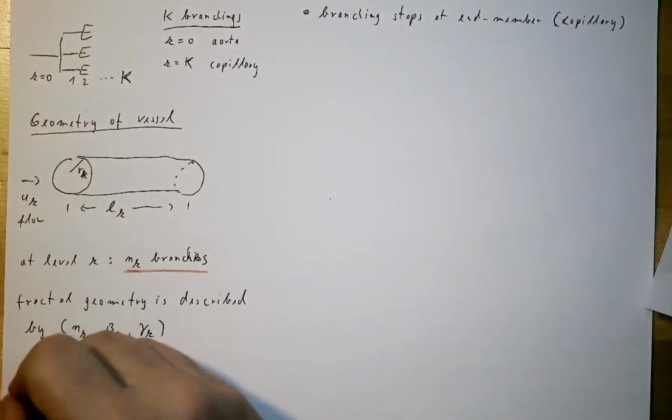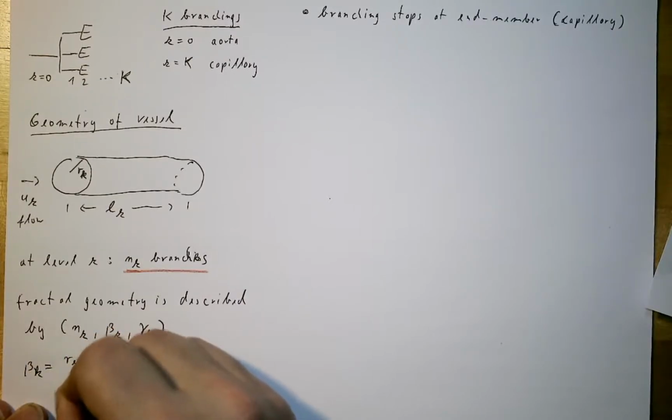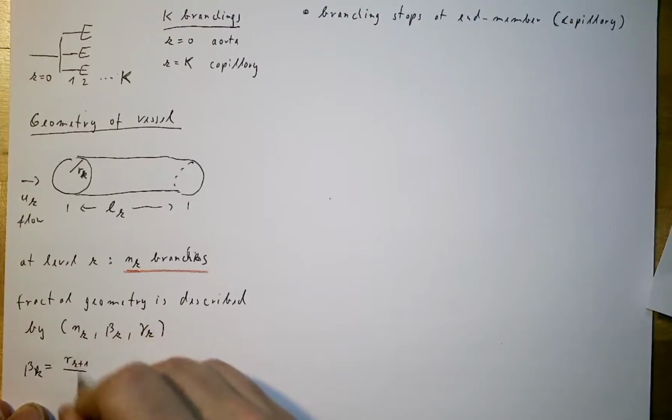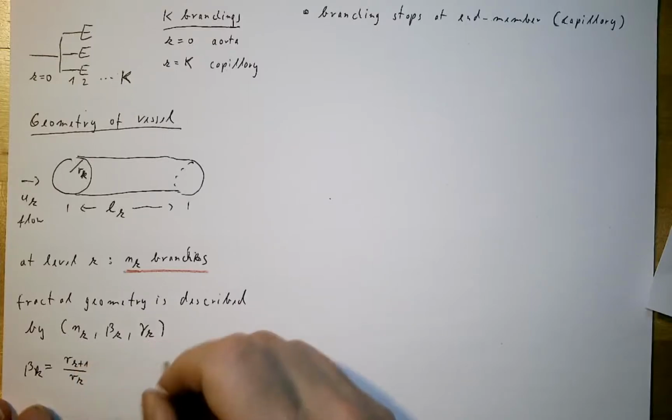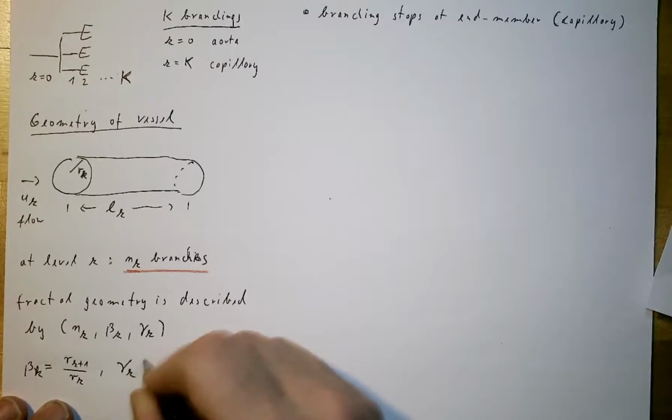So beta K is just the radius at the next level, K plus 1, divided by the radius at level K, and gamma K gives us the ratio of the lengths.